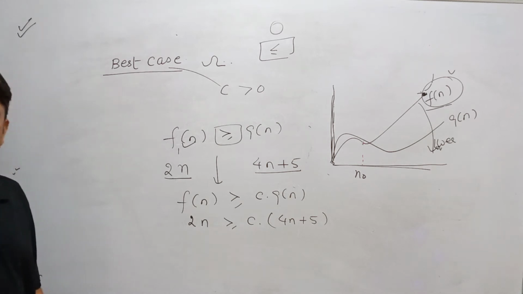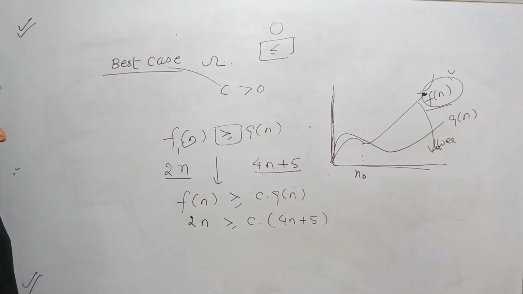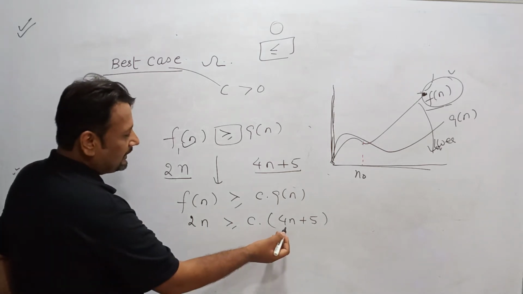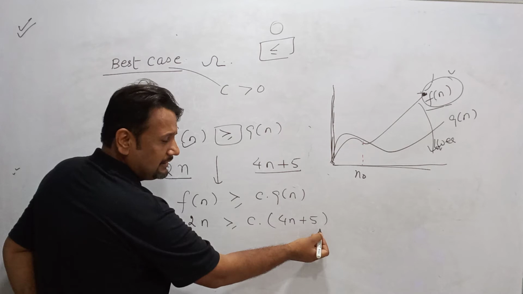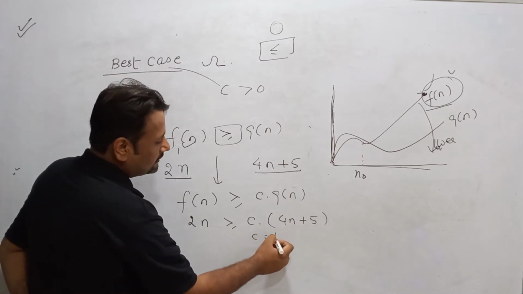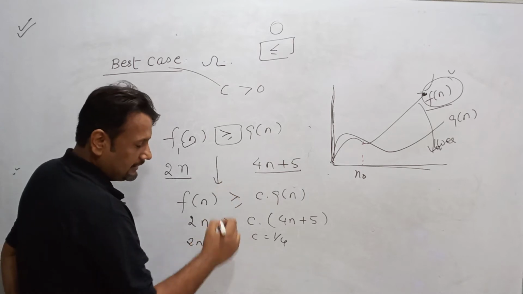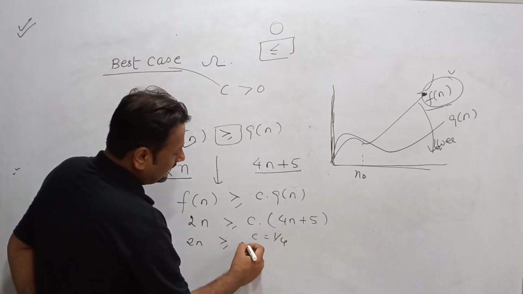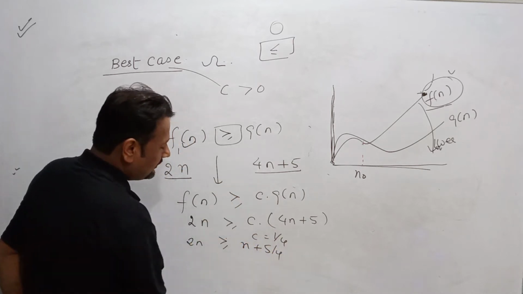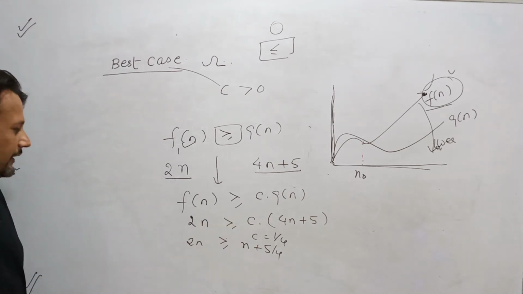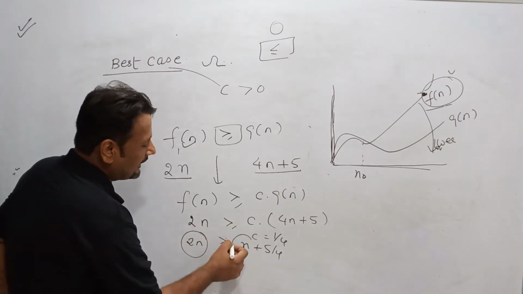If I take c equal to 1 by 4 or 1 by 3, this will become 1 n plus something. If I take c equal to 1 by 4, 2n can be written as greater than or equal to n plus 5 by 4. Now you can see for a certain value of n, this 2n is going to be higher than this one.